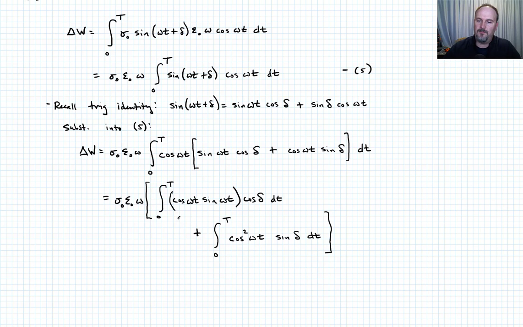So this term is identically 0. And we're left with delta w is equal to sigma naught epsilon naught times omega. Let's pull out the sine delta now and say sine delta now times the integral from 0 to t of cosine squared omega t dt. Okay, let's call that equation 6.